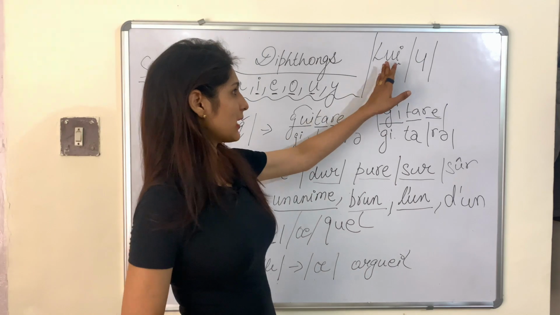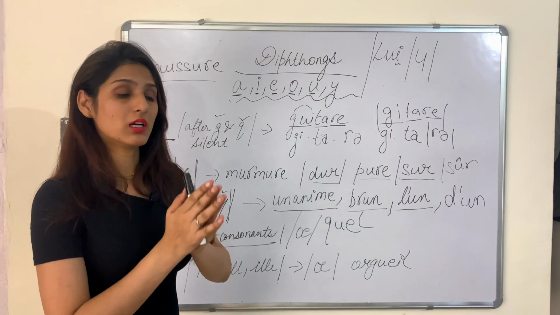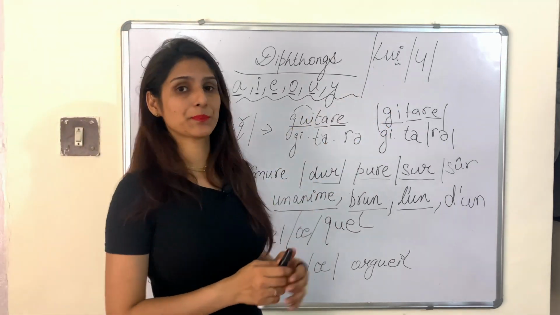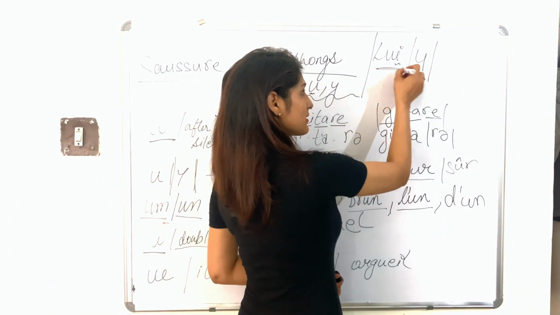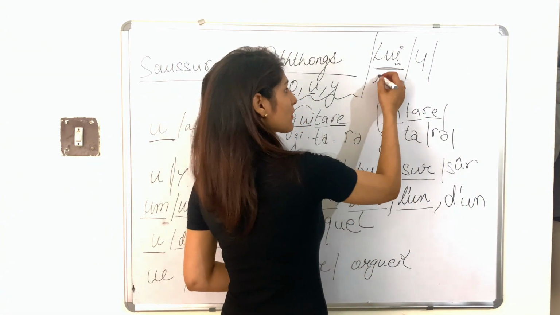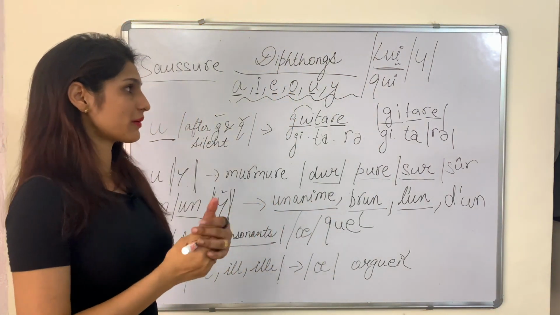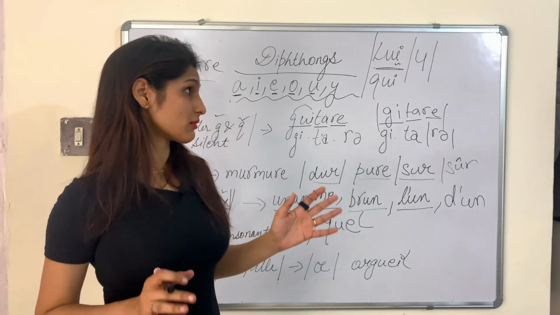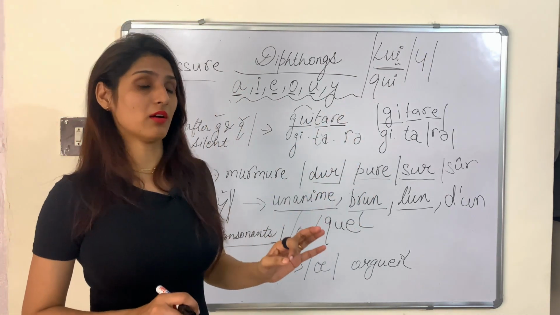Next, last, whenever you will be with a stressed vowel like E, the phonetic sign is this, and this is the word lui, qui. So this U over here, you will be losing its sound a lot, but that of the stressed vowel's sound will be coming a lot.